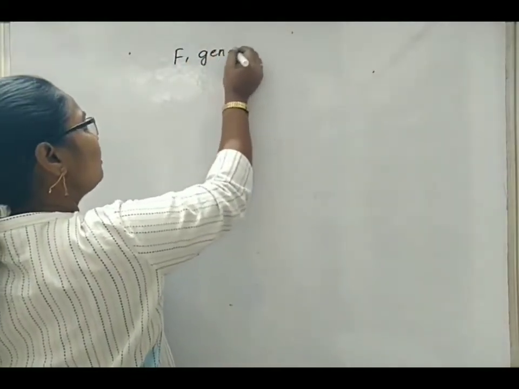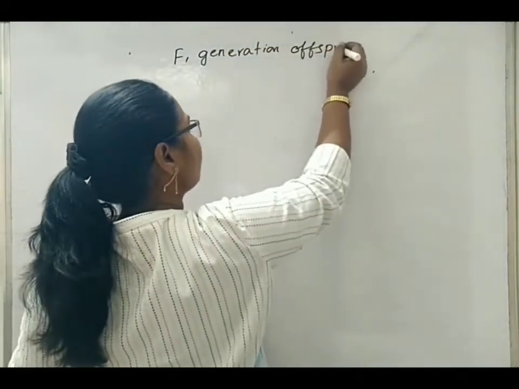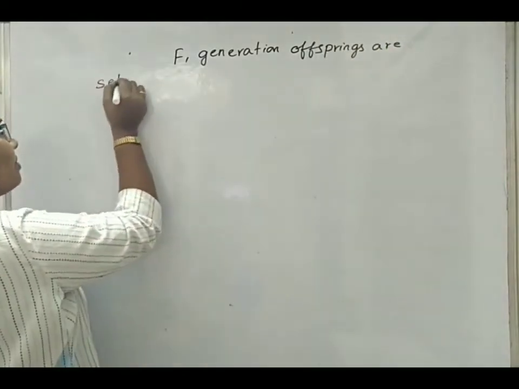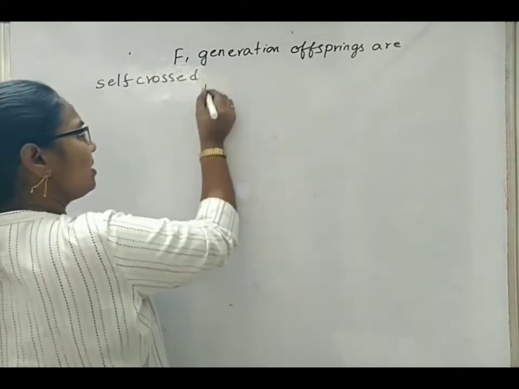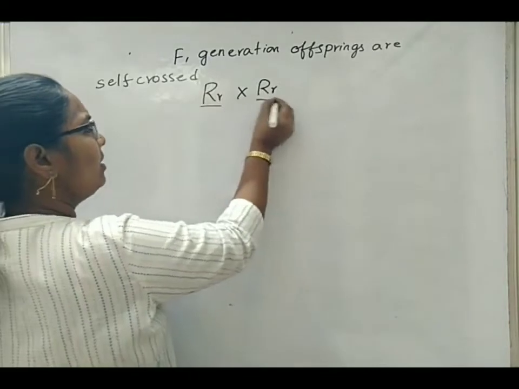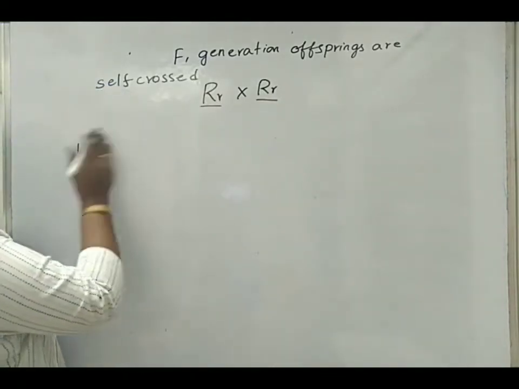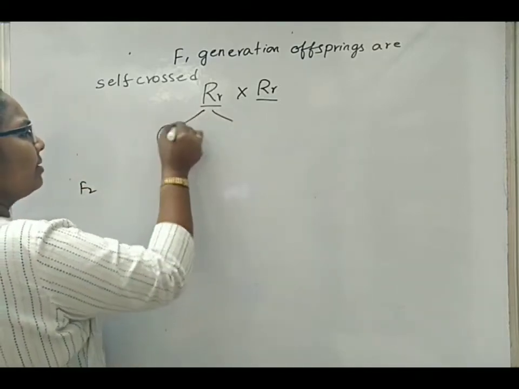The F1 generation offspring are self-crossed. That we can represent as a cross of capital R, small r. So these are the genotypes that we have obtained in the F1 generation. Now coming to the F2 generation, the gametes are like this.